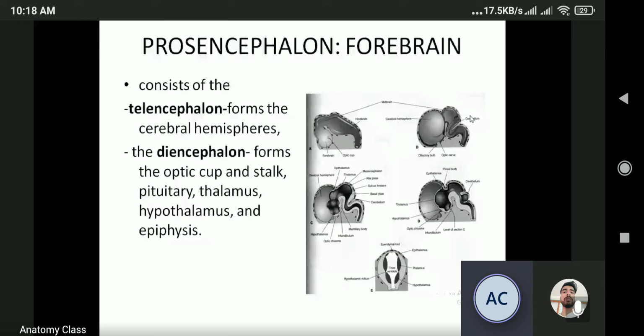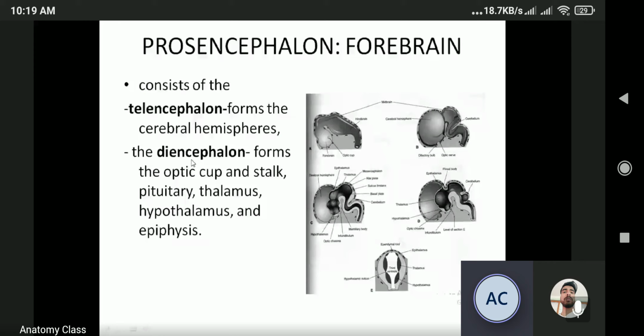So prosencephalon, the forebrain, consists of telencephalon and diencephalon. Telencephalon forms the cerebral hemisphere, as I have discussed in the previous slide also, whereas diencephalon forms the optic cup, stalks, and pituitary.